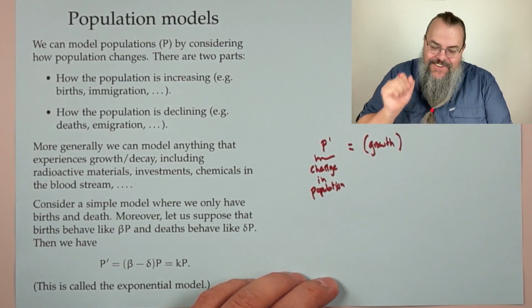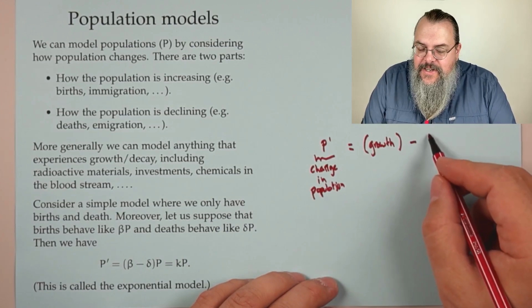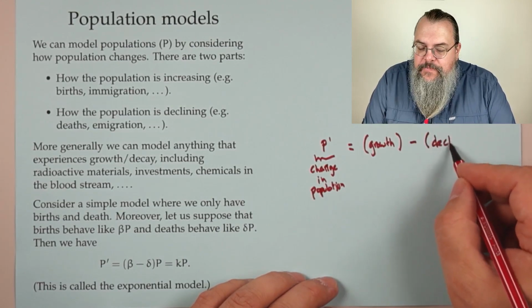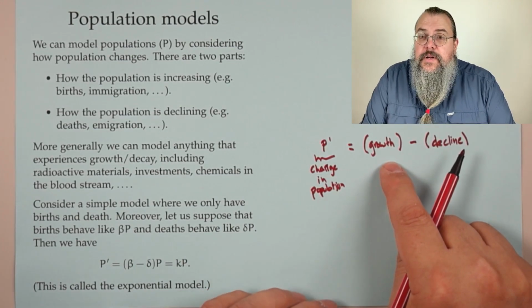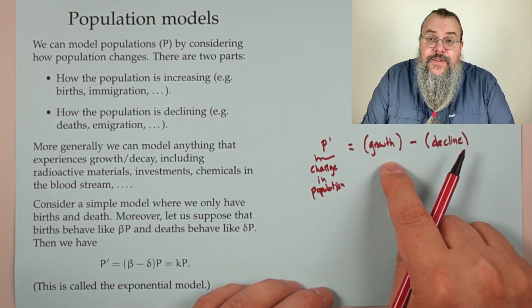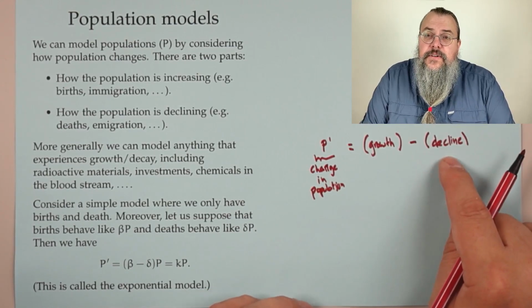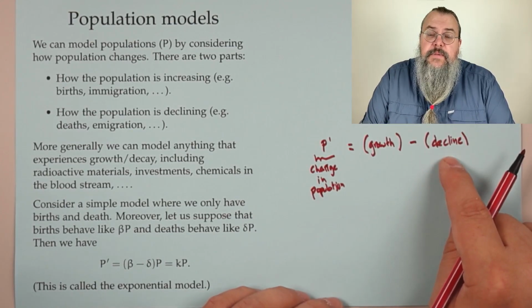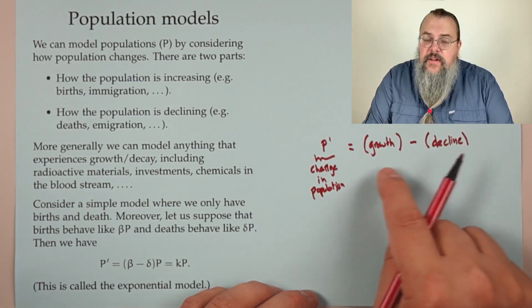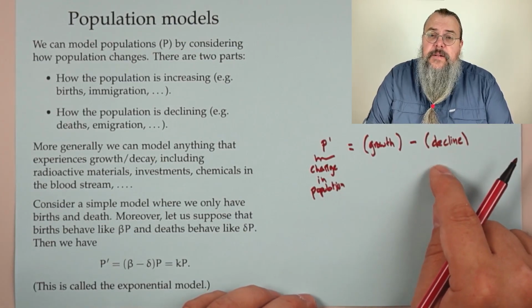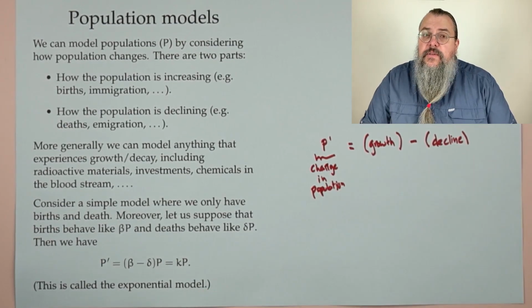And then there's what we'll call decline. So growth: there's internal growth, there's external growth, people coming in. Decline: there's natural death, there's people leaving. You have these two forces acting on population. You're growing or declining. So the change in population combines these two things.